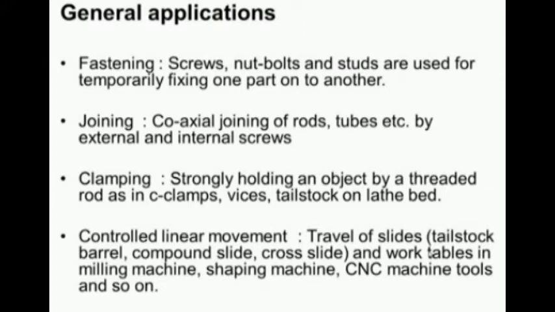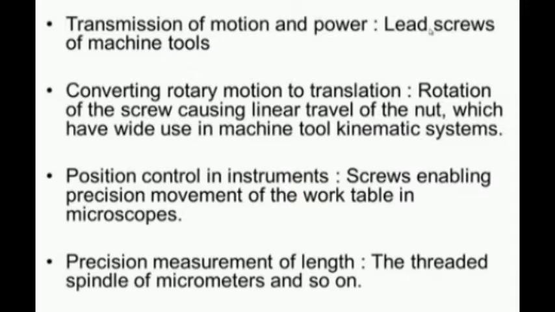They are also used for controlled linear movement, that means for travel of slides and movement of work tables in milling, shaping, CNC machine tools, etc. And these screw threads are used for transmission of motion and power, for example, the lead screw used in a lathe.